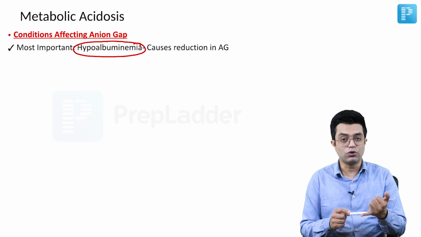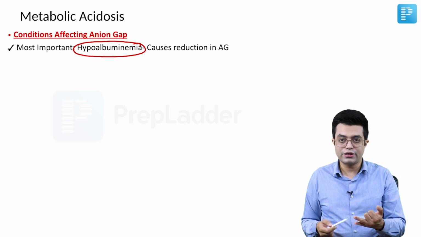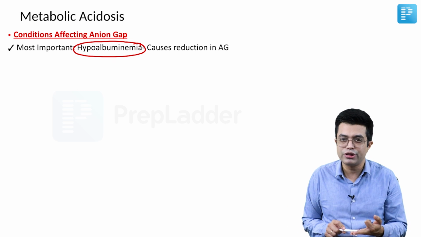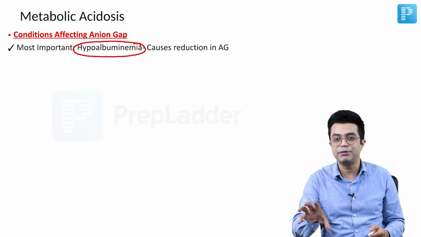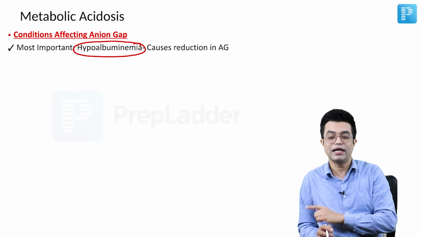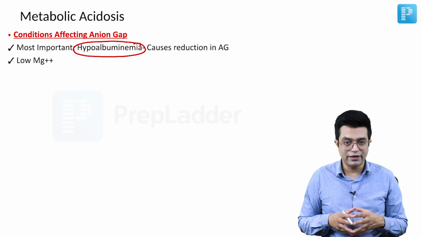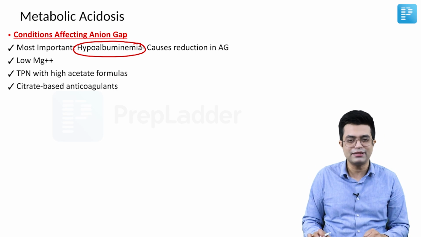You may have children with nephrotic syndrome, children with renal disorders other than nephrotic syndrome, or malnutrition where there is hypoalbuminemia, and all of them will cause erroneous interpretation of anion gap. Hypoalbuminemia causes a reduction in the anion gap. Other causes which can affect anion gap include low magnesium, TPN with high acetate formulas, and citrate-based anticoagulant.